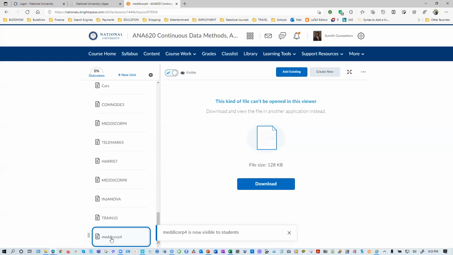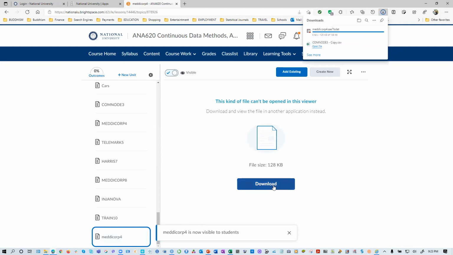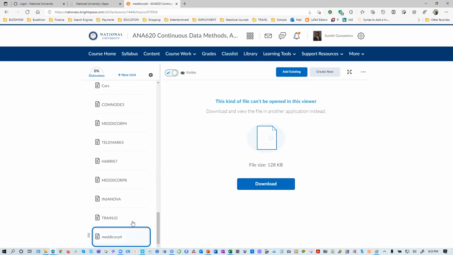If you open this one, download. It's opening SAS because SAS is already installed. So I have Medicope, one in the Excel sheet, the other in SAS format, and this one is the CSV format. So you have both here.